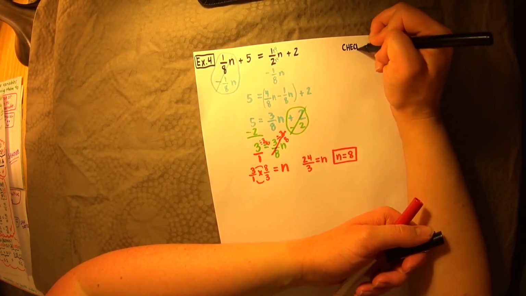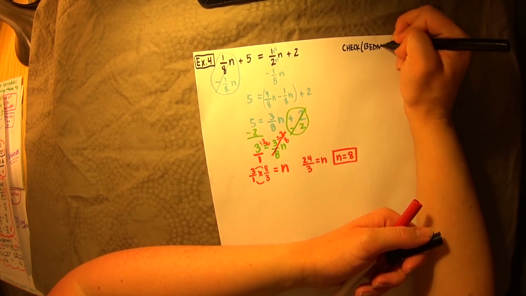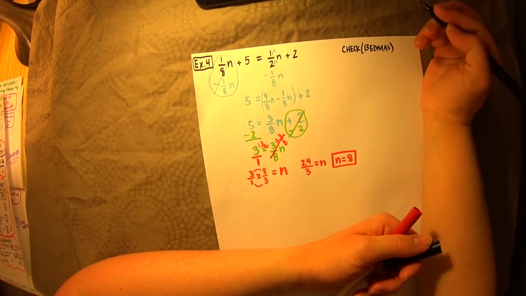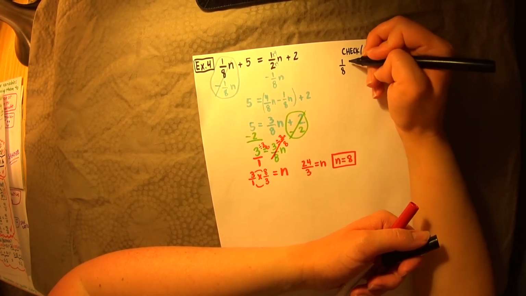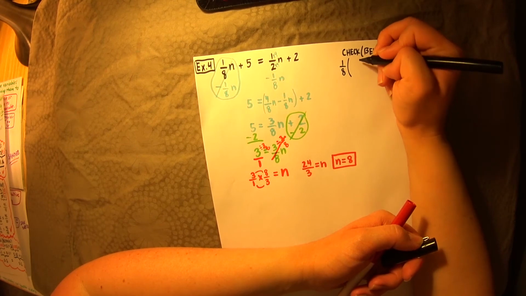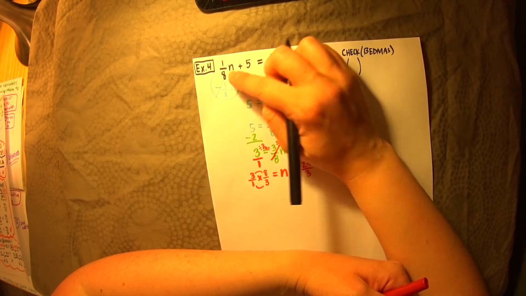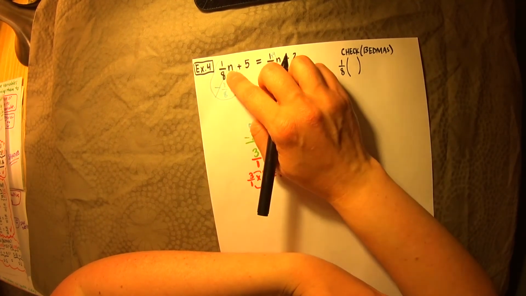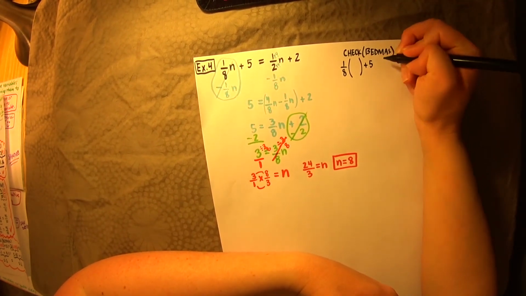Again, keeping in mind that when I check, I am back to using regular order of operations, BEDMAS. So I'm going to copy out my equation exactly as is, except that I'm going to substitute the answer that I got for n back into any n's that I see in the equation.